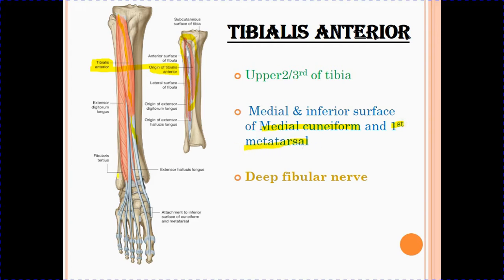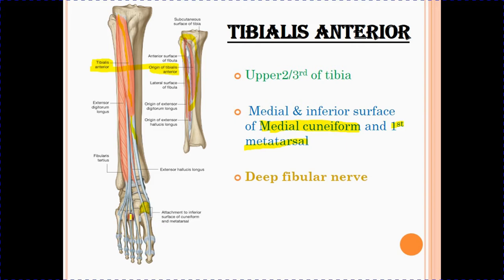Now you remember that in the upper limb we told you that in hand there are carpal bones while in the foot there are tarsal bones. So in the foot there are tarsal bones and one of these tarsal bones is named as medial cuneiform. This bone is called medial cuneiform.